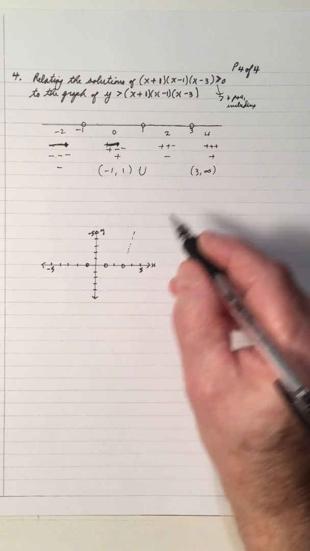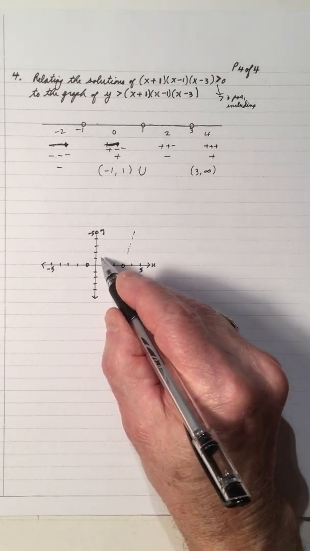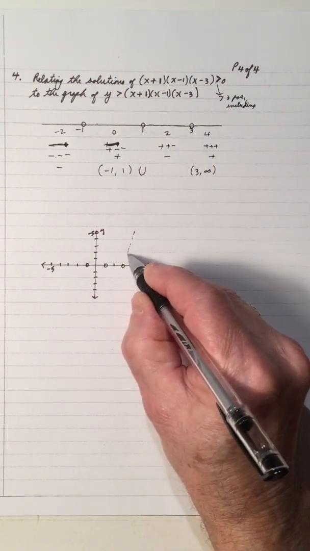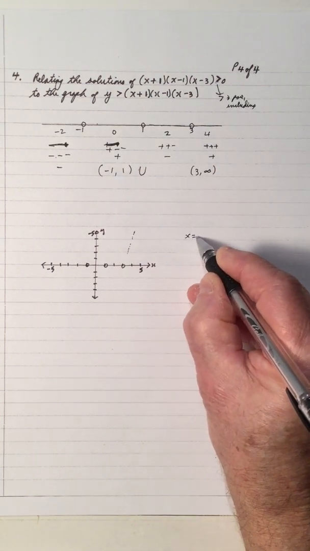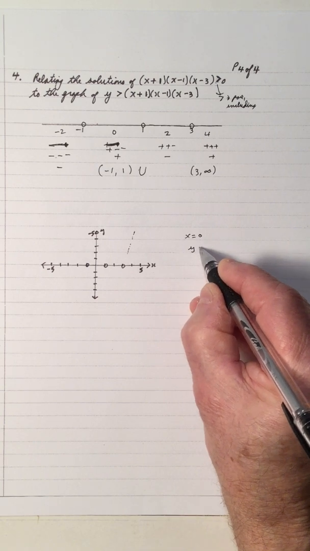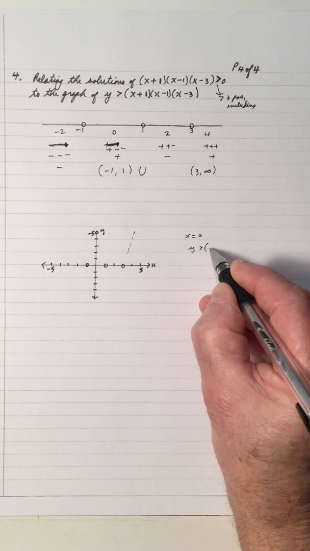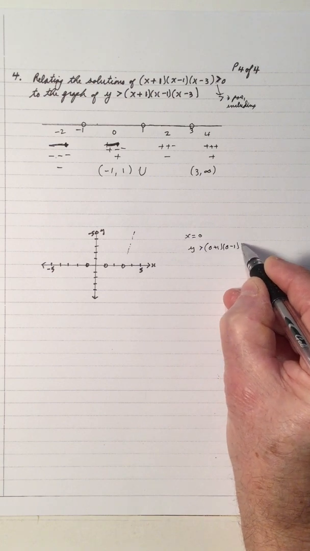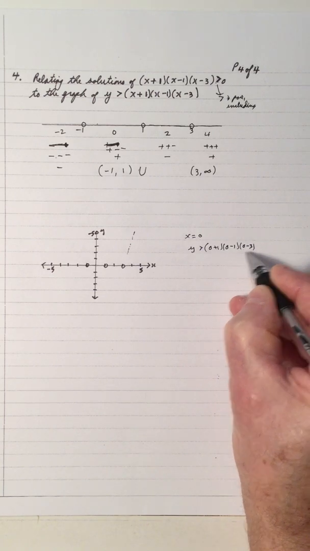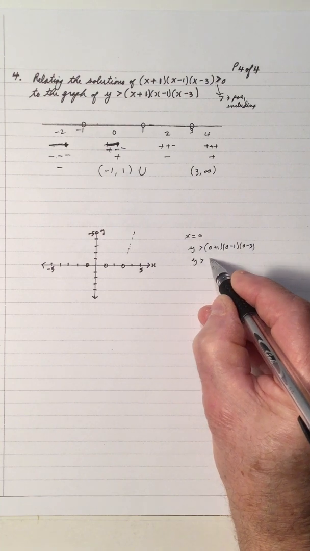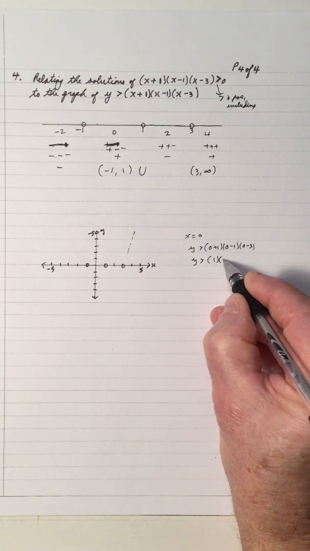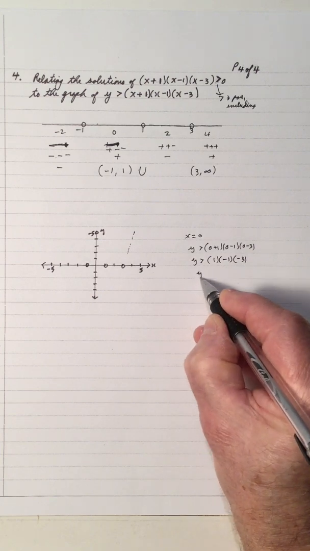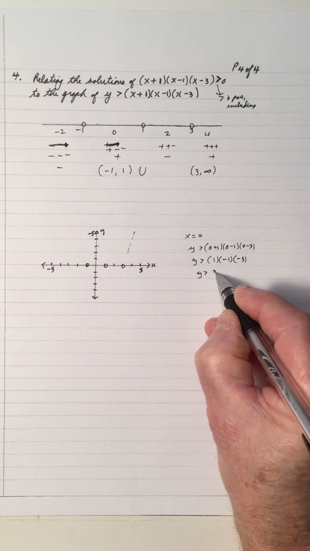And we didn't find out what the y-intercept was, but let's say x is equal to 0, y is greater than 0 plus 1, 0 minus 1, 0 minus 3, so y is greater than, that's a 1, that's negative 1, and that's negative 3, so y is greater than 3.